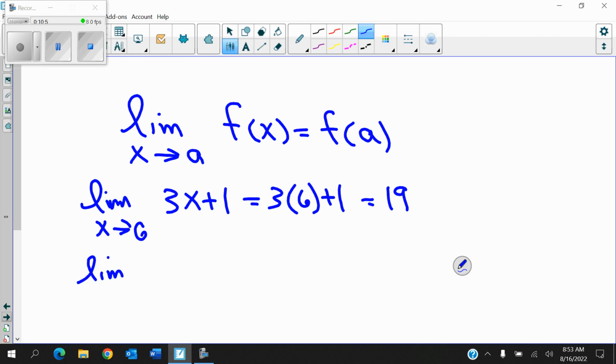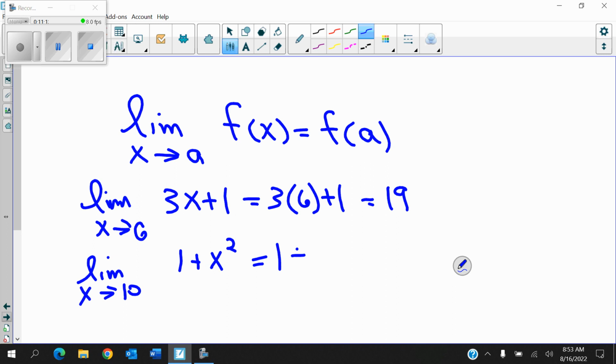The limit as x approaches 10 of 1 plus x squared, limit of that.